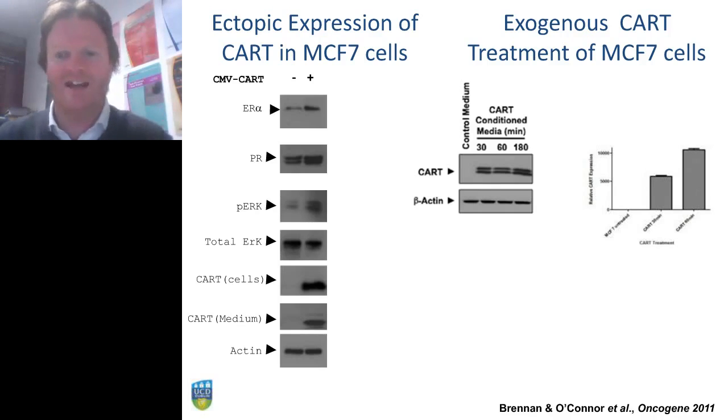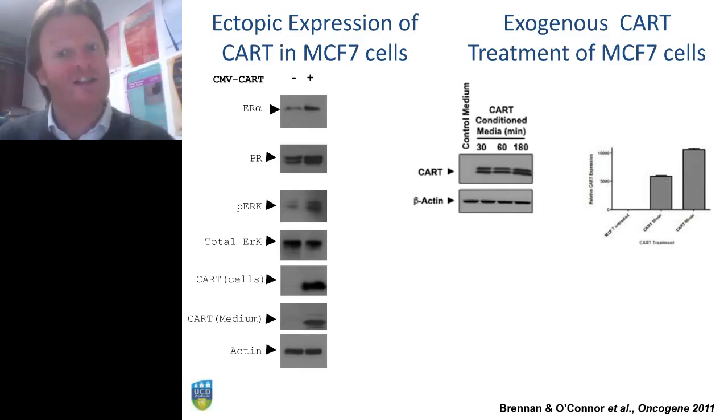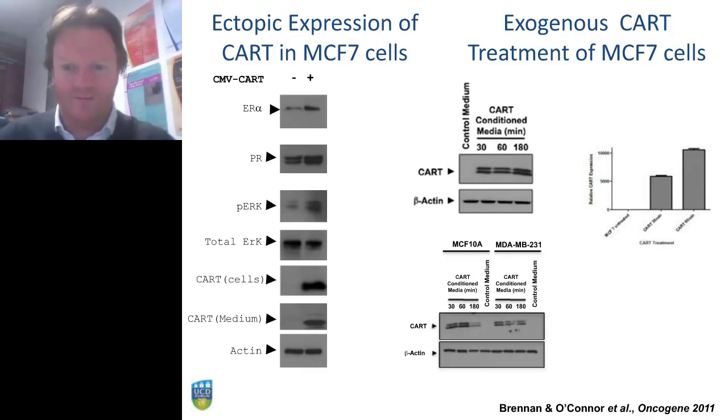This certainly makes sense when we look back at the tumours: when we see cells within the tumour that are positive for CART, all of the cells tend to be positive for CART. So we think that when the tumour expresses CART, it induces the expression of more CART within the cells. This happens in multiple cell types.